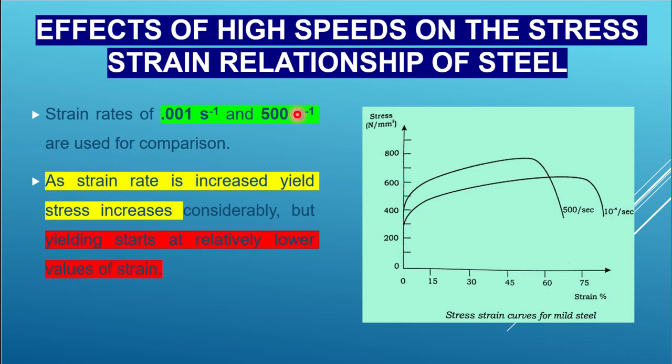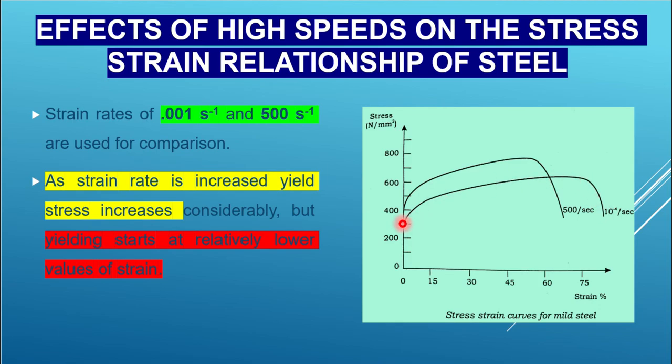So which one is the higher strain rate? Obviously 500 second raised to minus 1, right? For 500 second raised to minus 1, this was the curve, and for 10 raised to minus 4, this is the curve.